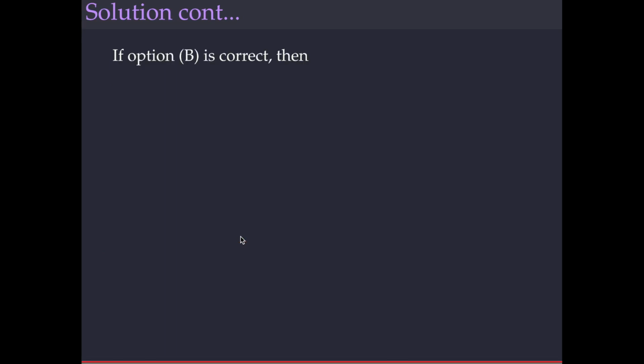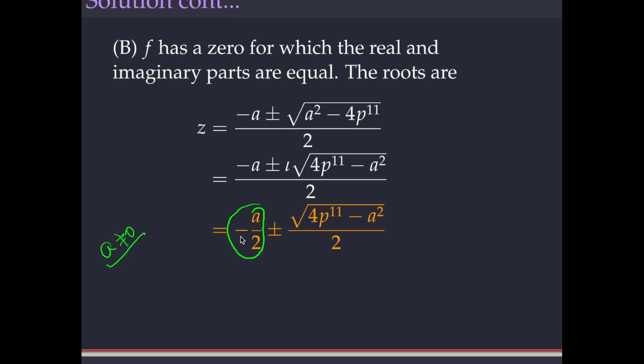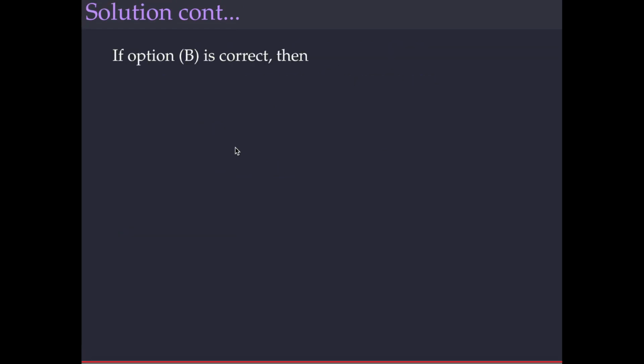Now, let's say option B is correct: f has a 0 for which real and imaginary parts are equal. So if option B is correct, then what will happen? This quantity equals this quantity, where this is the real part and this is the imaginary part. So the real and imaginary parts will be equal.